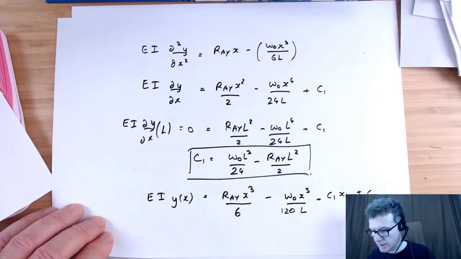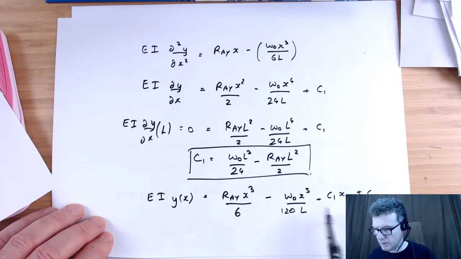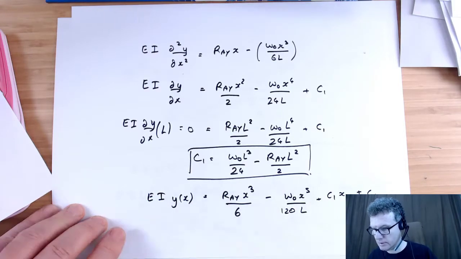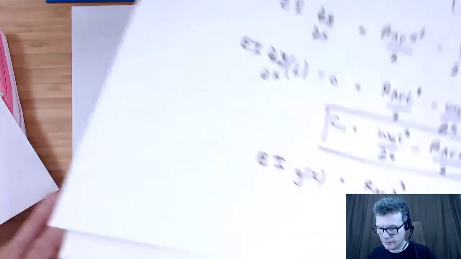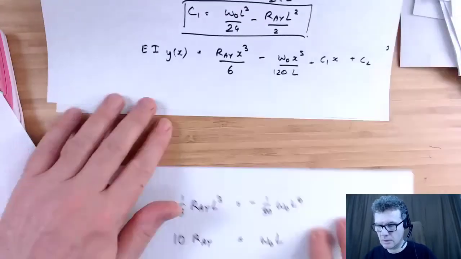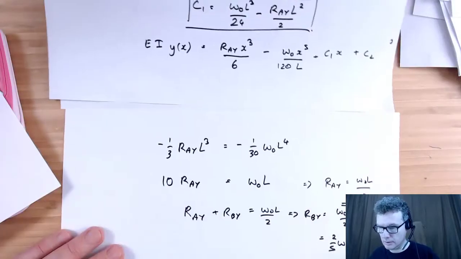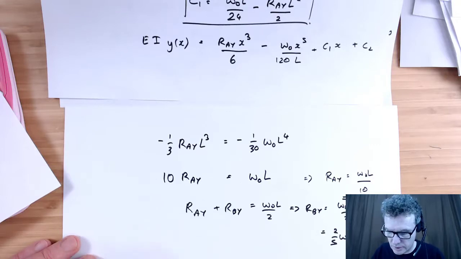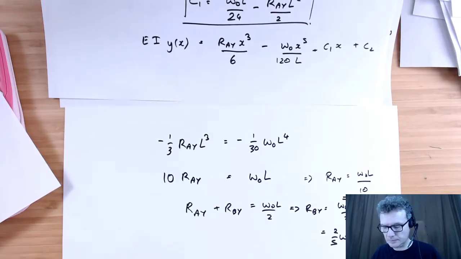So that's going to be a mess. We've now found RAY, C1, so we can go back to this equation and write it all out. Right, so we've got EI y, a function of x.